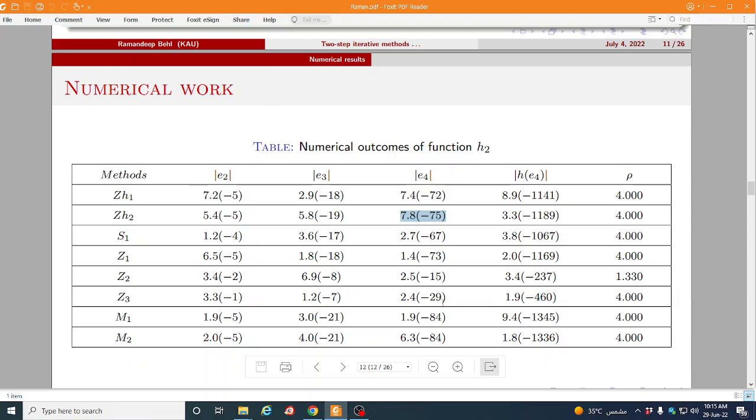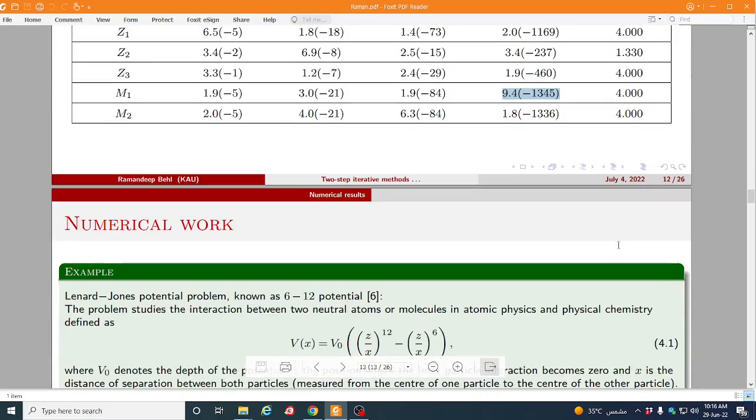So you can see almost 9 significant digits difference. Similarly, here is the lowest residual error, but if you look at this one, there is almost 150 significant digits difference. And our method is also more stable, like the 4th order other methods.